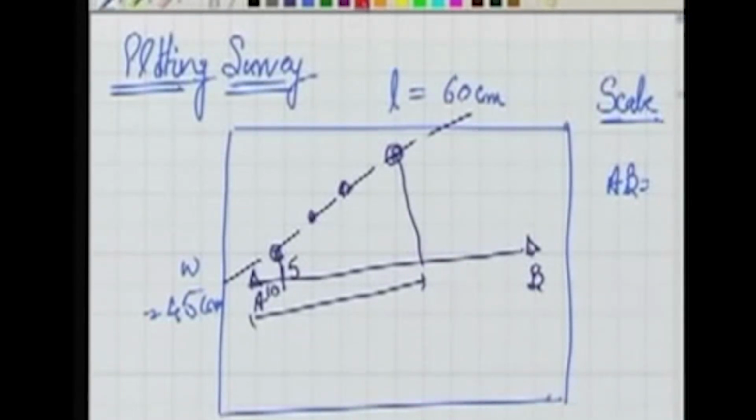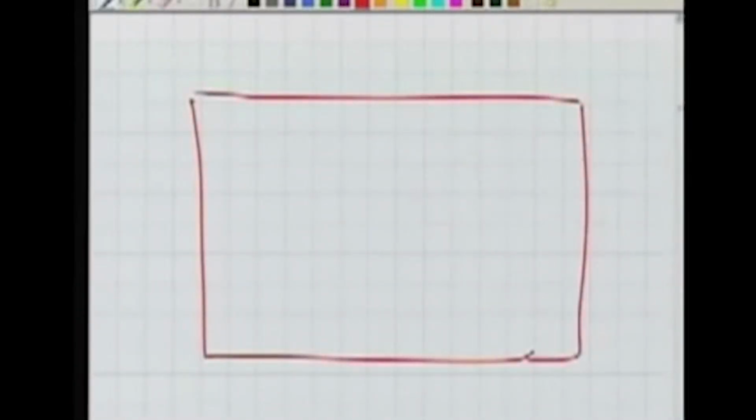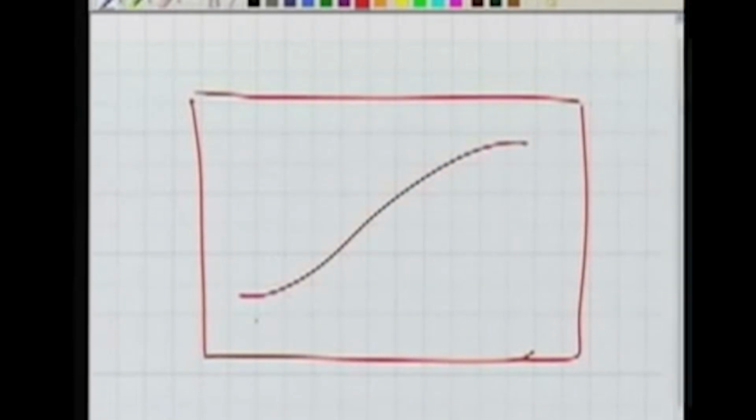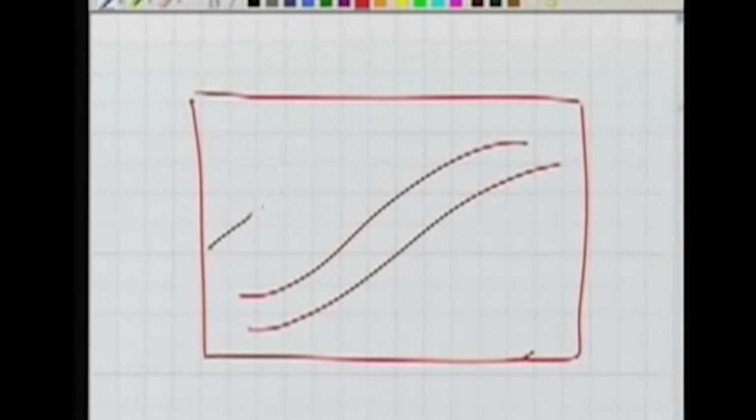Similarly, I can plot the houses, because I knew the perpendicular offset as well as the chainage for the house. So, what will our map look like? The map finally will have the road, the telephone line, the trees, and the houses.